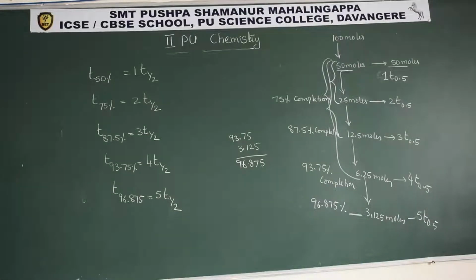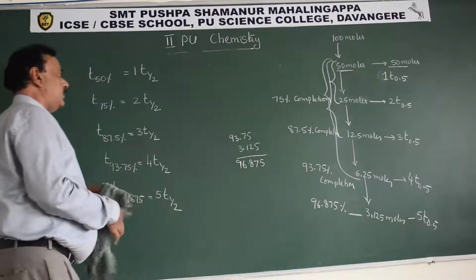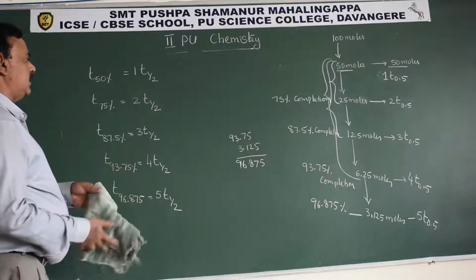Like this we can derive the formula for the half-life period of the first order chemical reaction.